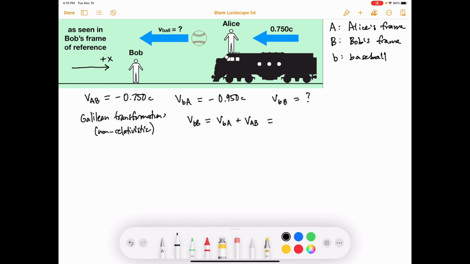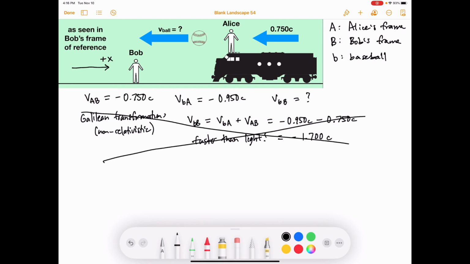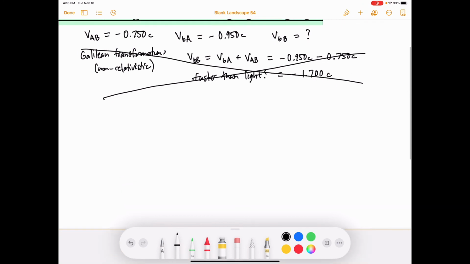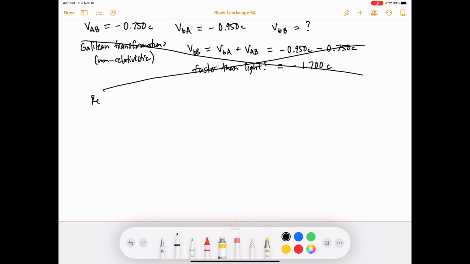And what we'd get is negative 0.950 c minus 0.750 c, which would be negative 1.700 c. That would be faster than light. And as we know, that can't happen. Nothing can travel faster than the speed of light. So there's something wrong with that calculation, which is we need to be using the relativistic equations.